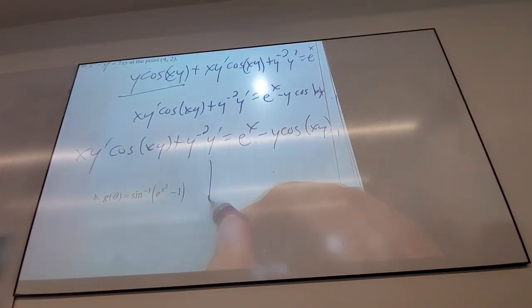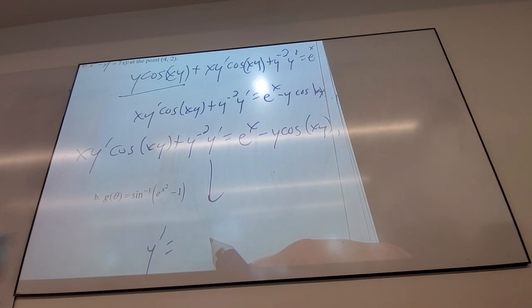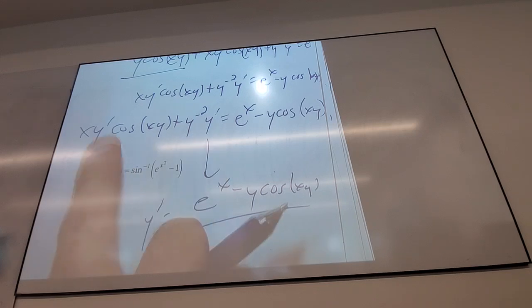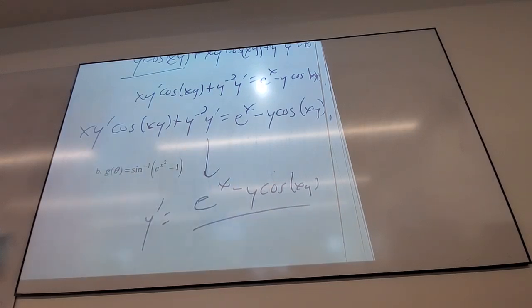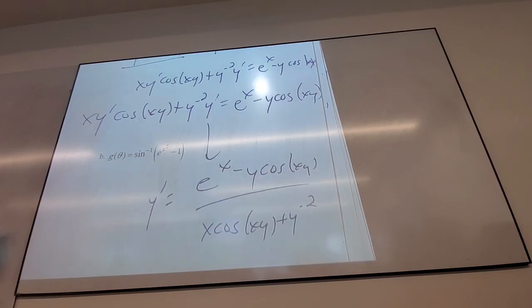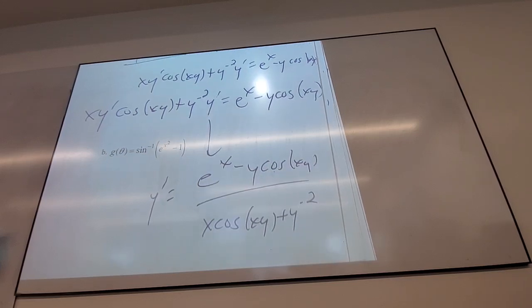Now, are you guys cool with this little mini shortcut? It would be this side divided by everything here that's absent the y prime. I'll take a y prime out, so I'll be left with x cosine xy plus y to the negative 2. You guys see that? If I took a y prime out, that's what the y prime would be in front of, yes?